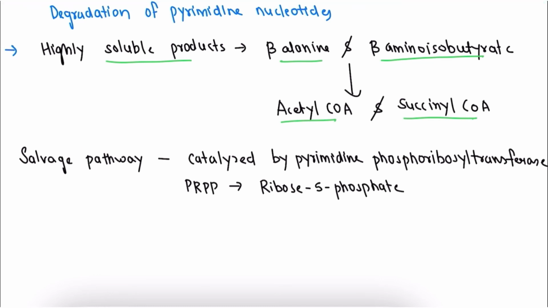And there is a salvage pathway similar to that of purines, but in this salvage pathway it is catalyzed by pyrimidine phosphoribosyltransferase. You have to just remember the enzyme, the rest is the same, and the PRPP is going to give us ribose 5 phosphate.